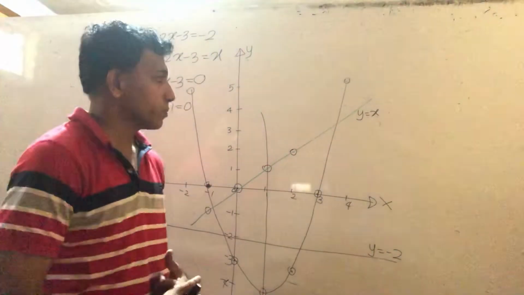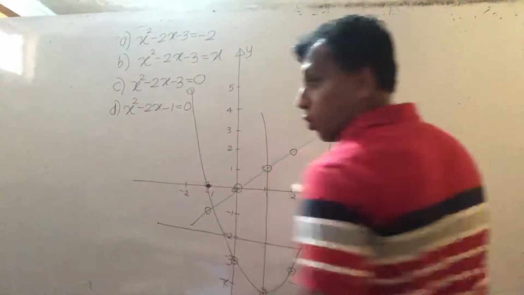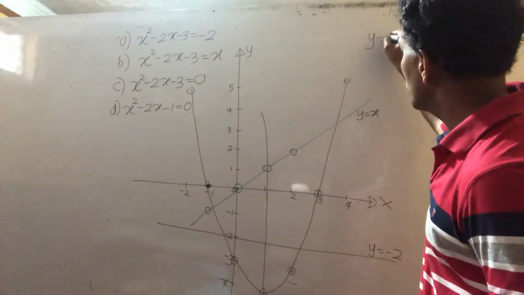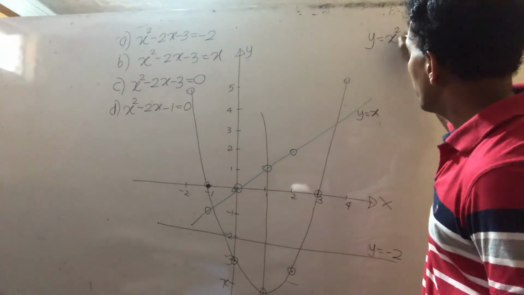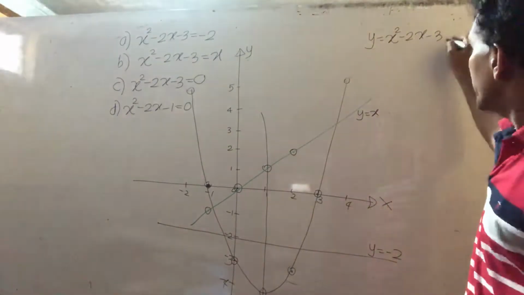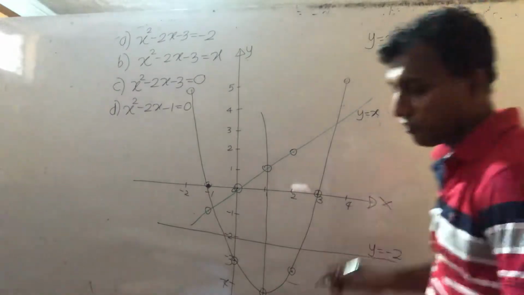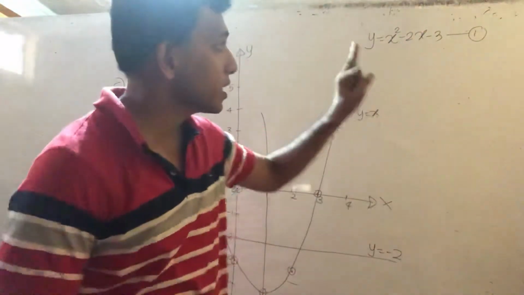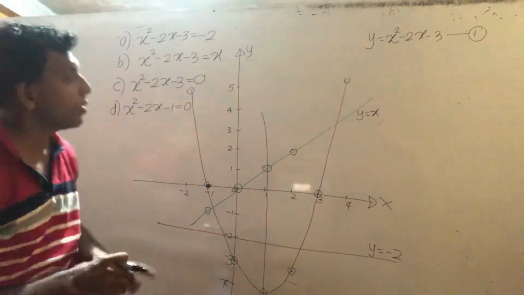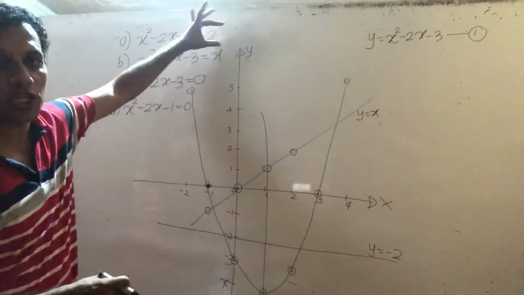Very important. The graph that we drew is y equal x square minus 2x minus 3, right? I call it my first equation. This is the graph we traced by completing the table. Now they ask the first part, solve this equation.